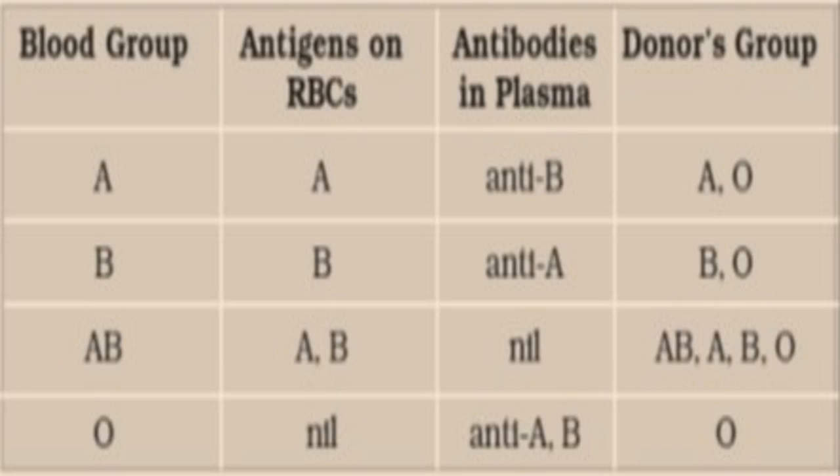The donors who can donate blood to A are obviously group A and O. Why O? Because they do not contain any antigen.